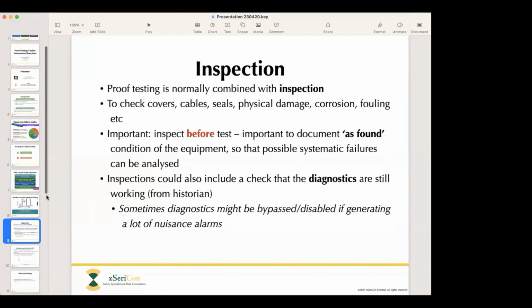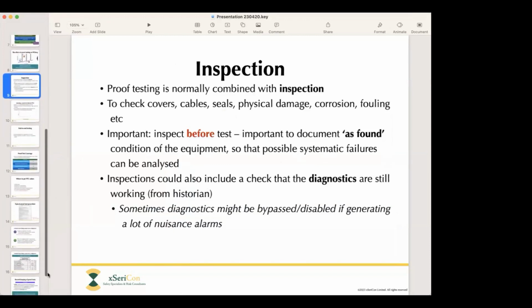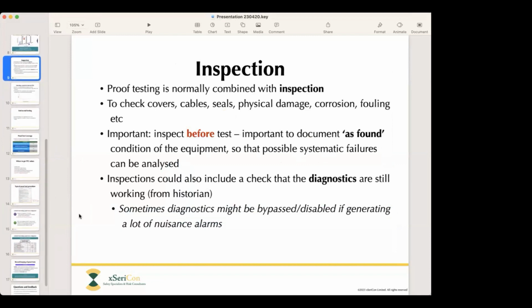Now, another thing we should be aware of during proof testing is we normally don't only do the test, we also do an inspection as well. The purpose of inspection is really to see if there is any obvious physical problem with the equipment that the SIF relies on, such as the sensors and the final elements. So we'll be checking, for example, covers on the equipment to make sure that they're properly applied and there are no leaks, no sign of corrosion.